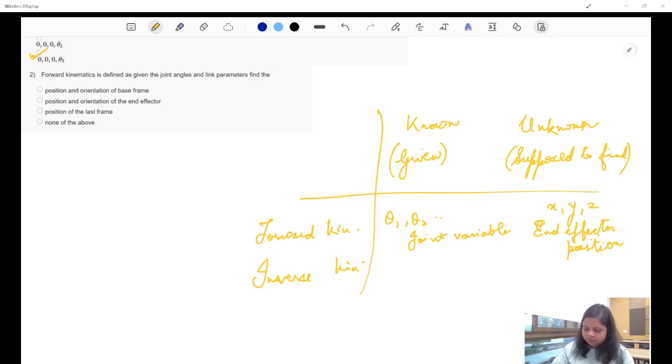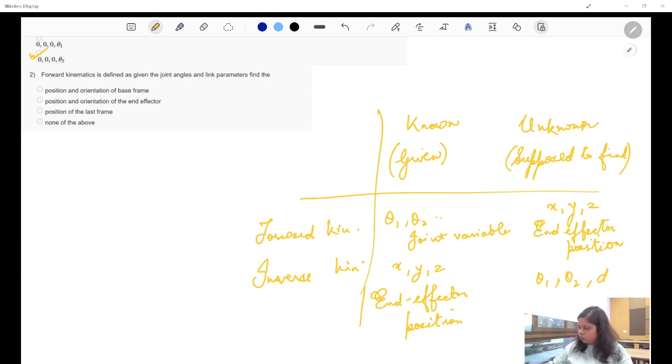All right. Now, for inverse kinematics, it is just the opposite. You are given x, y, and z position. That means you already have end effector position with you. And then you're supposed to find what will be theta 1, what will be theta 2, what will be d in case of prismatic joint.